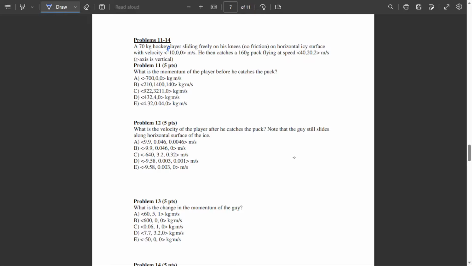Alright, calculate momentum. It is just mass times the velocity. So, this mass is 70 kilograms. Its velocity is minus 10.00 meters per second. So its momentum is minus 700.00. So the answer is A.